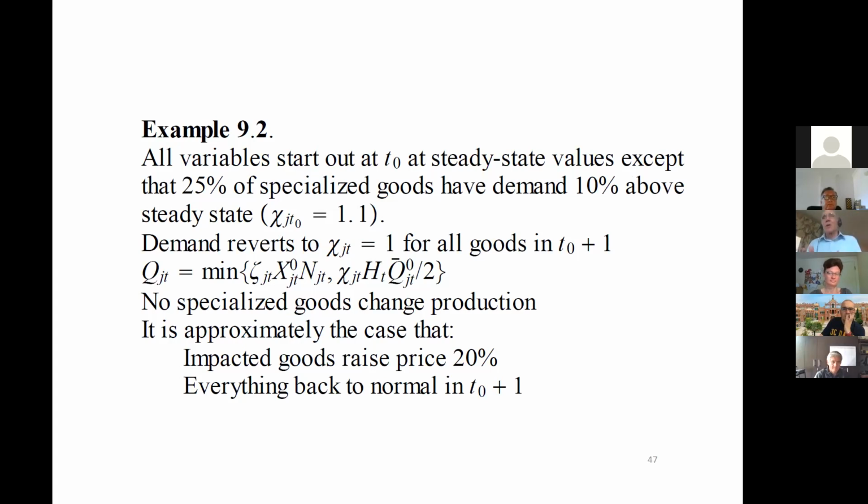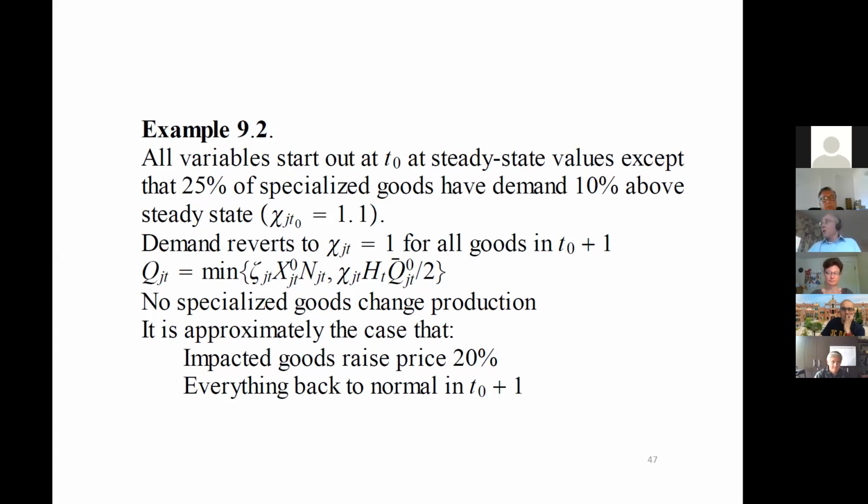Again, time T0, I'm going to start off everybody at the steady state values, except that 25% of the specialized goods, in this case, have extra demand. Chi j T naught is going to be 1.1, higher than normal demand, rather than 0.9 in my first example, where we have less than usual demand. And again, I'm going to assume this is just a one period shock.